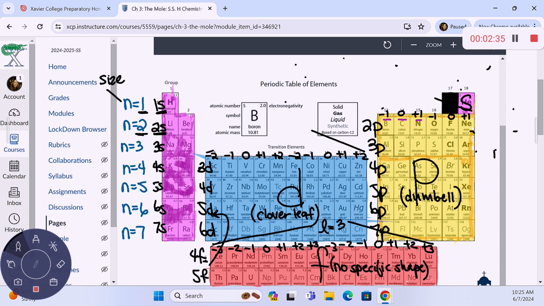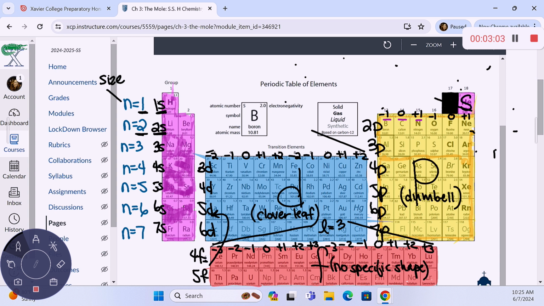Okay? Now, we use the shells, n equals 1 through 7, and the subshells, S, P, D, and F, to describe where electrons are seated or located outside the nucleus. The number of electrons that you can fit in each subshell is predetermined by the number of boxes that you have in each subshell.